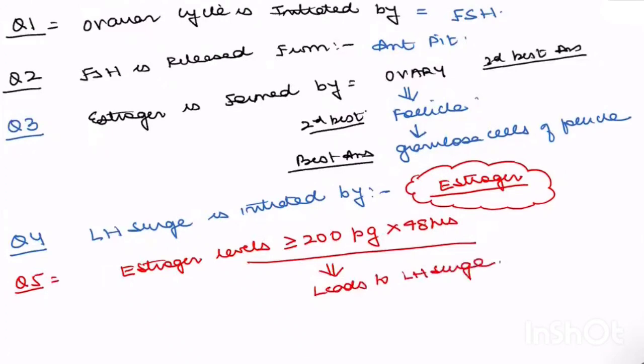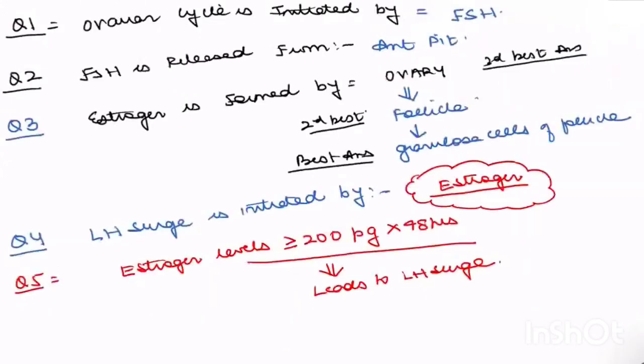So if estrogen levels are more than equal to 200 picograms, then it leads to LH surge. Right? Then, have you copied till here, all of you? Yes?